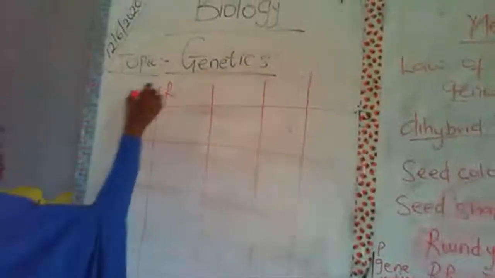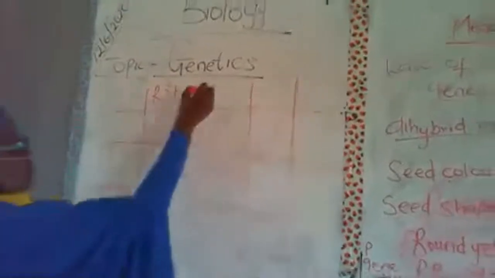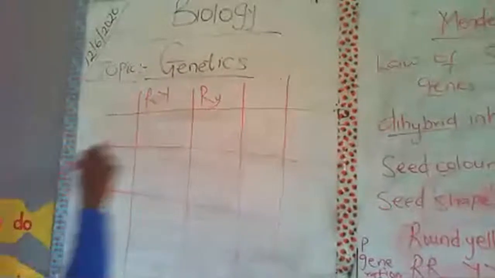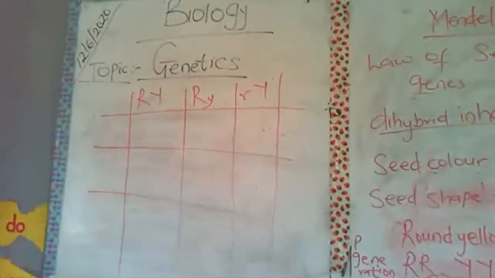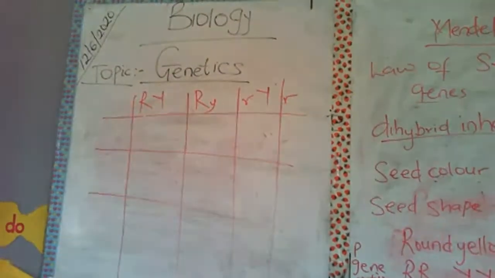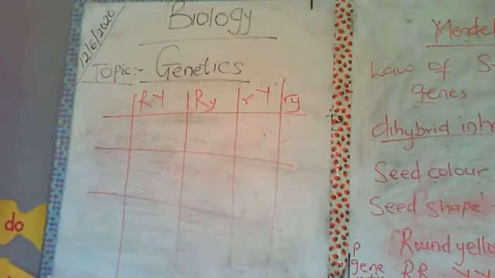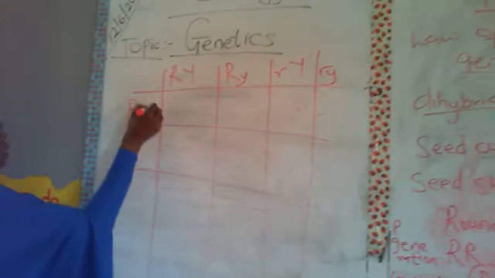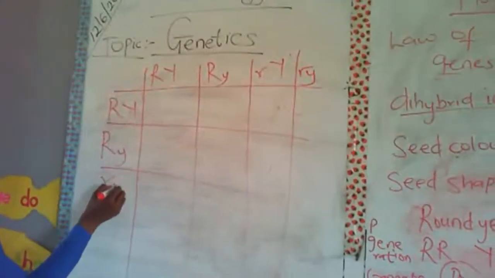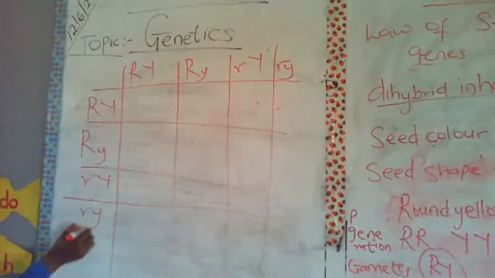So in the arrangement, we are going to write capital letter Y-R, then capital letter Y, then capital letter R, small letter Y, then small letter R, capital letter Y, then small letter R, then small letter Y. So that's how we are going to arrange the female here as well.